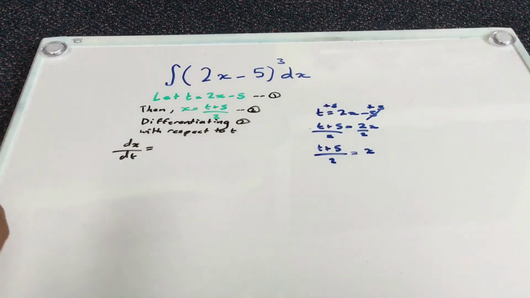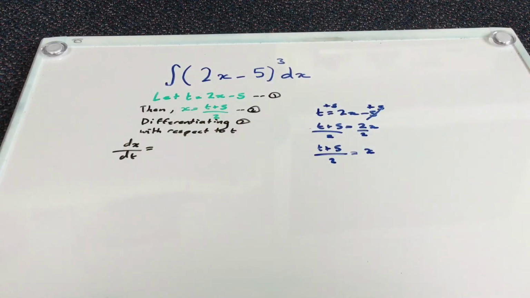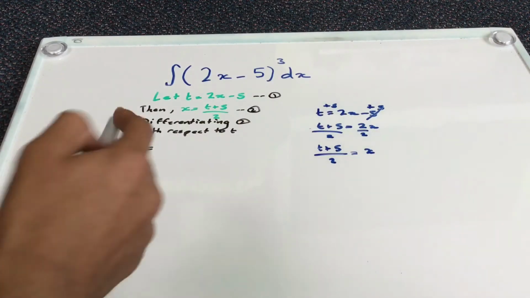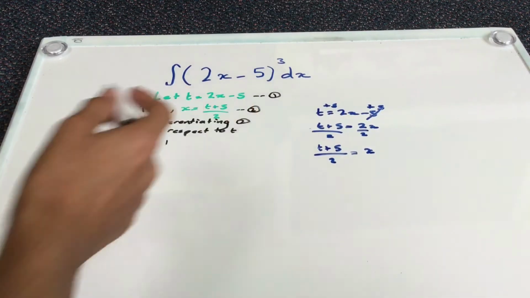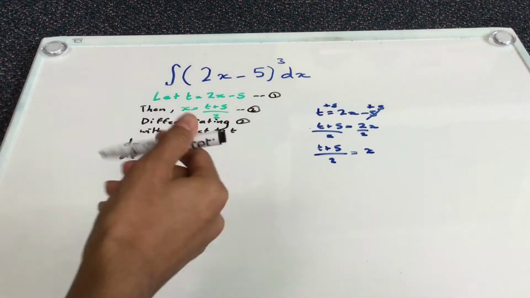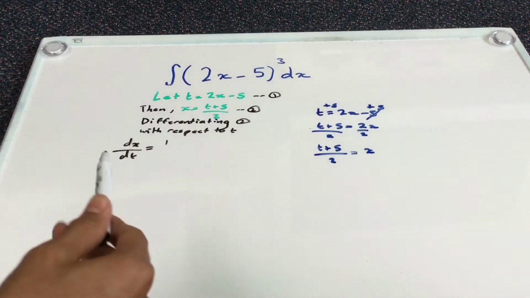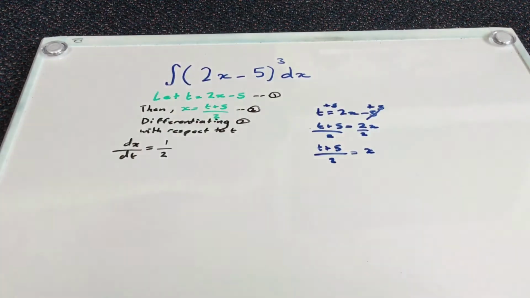So when we differentiate equation 2, t becomes 1, and the 5 cancels out, it becomes a constant, and we just leave the 2 because we're only differentiating with respect to t. So it'll be 1 over 2.